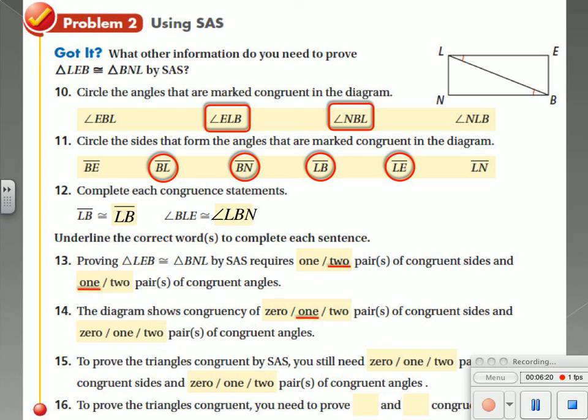The diagram shows congruency of 1 pair of congruent sides and 1 pair of congruent angles. So to prove the triangles congruent by SAS, we still need 1 pair of congruent sides and 0 pairs of congruent angles. To prove the triangles congruent, we need to prove that segment NB is congruent to segment EL.